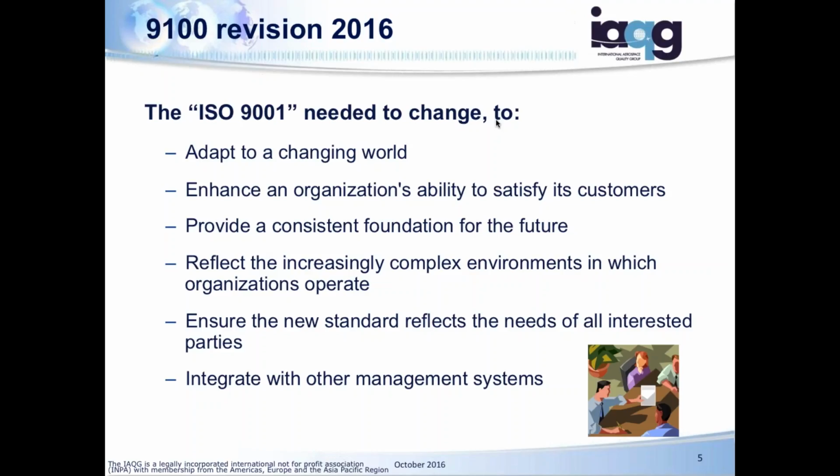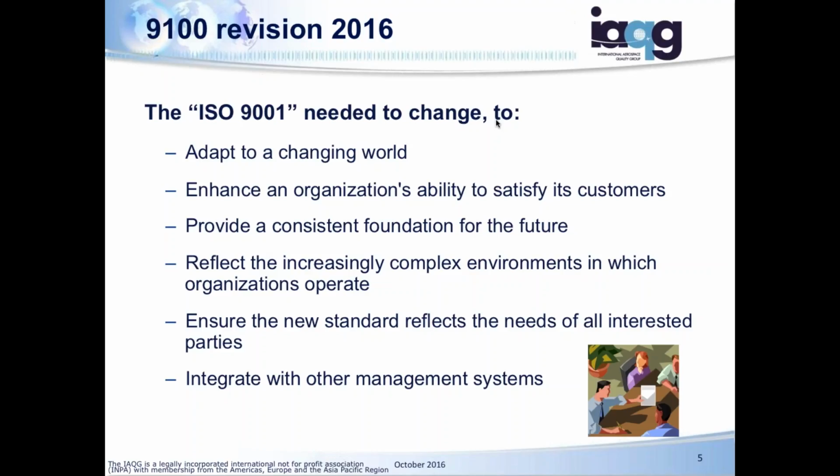Also, we want to make sure that the ISO standard as well as 9100 meets the needs of all our interested parties. ISO did an extensive amount of work to ask users for input, just like 9100 did. I think we ran our survey back in the 2012 timeframe, asking people what they think about the published standard and what they want to see in the next version. Finally, integration with other management systems.